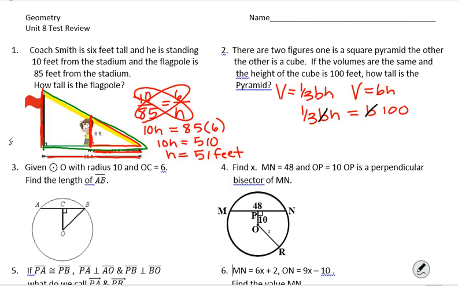Then we've got here 1/3 height, my bad. 1/3 h equals 100, and the way that we get rid of a 1/3 is to multiply it by its reciprocal, so we're going to multiply both sides by 3 here. So the height of our pyramid would have to be 300 feet high for the volumes to stay the same.